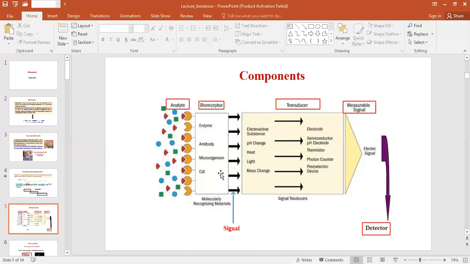The final section comprises an amplifier, which is known as the signal conditioning circuit, and later on a display unit as well as a processor. So these are the major components of a sensor.